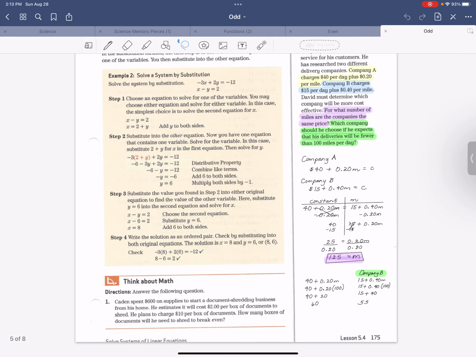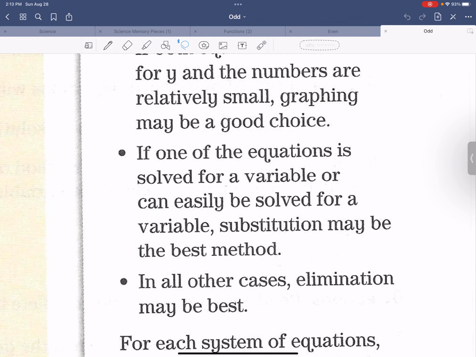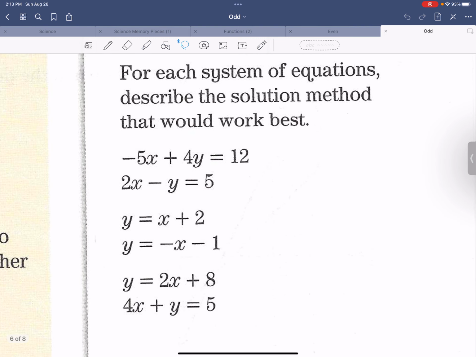If one of the equations is solved for a variable or can easily be solved for a variable, substitution may be the best method. In all other cases, elimination may be best. For each system of equations, describe the solution method that would work best.